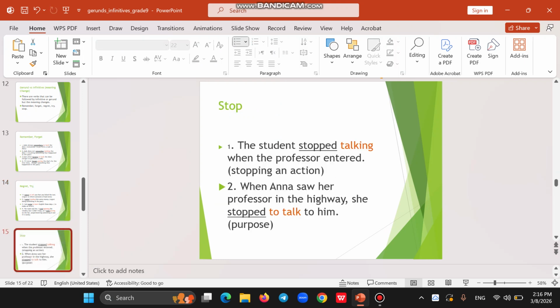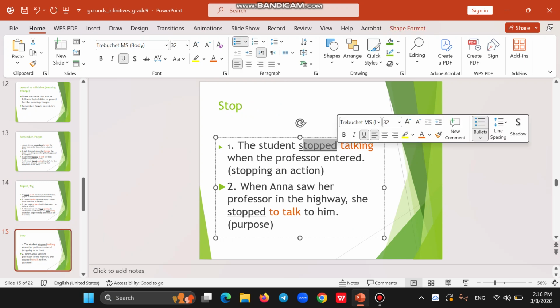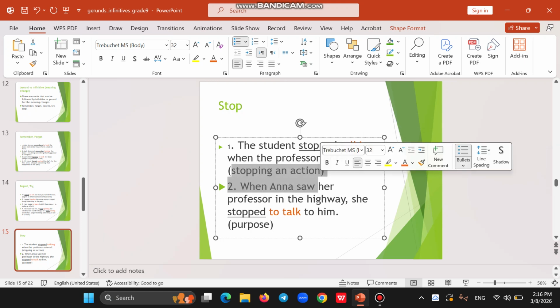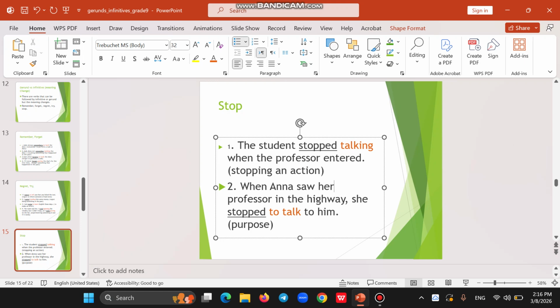The last verb is stop. The student stopped talking when the professor entered. So the verb stop followed by a gerund means stopping or ending a certain action.